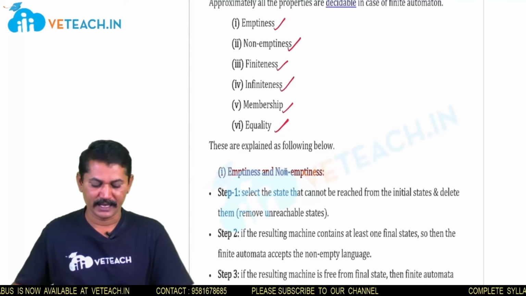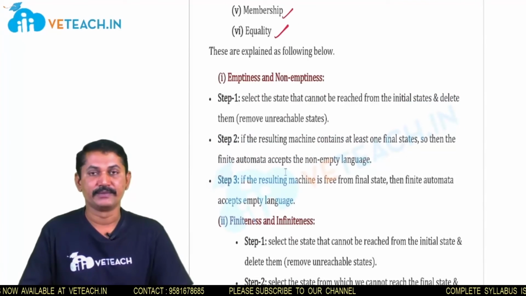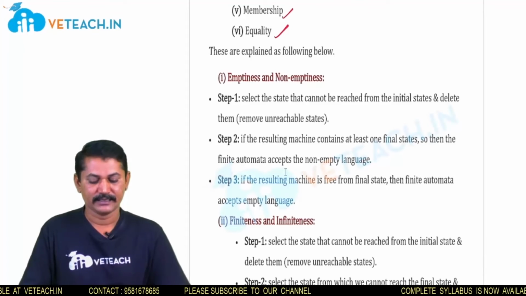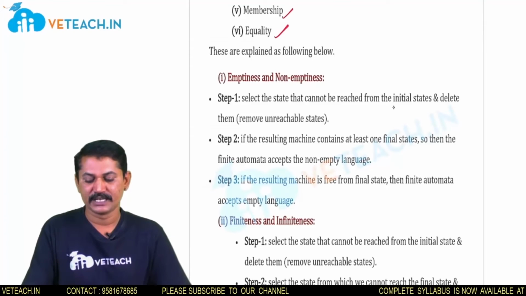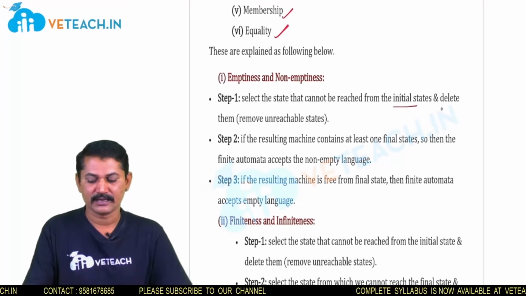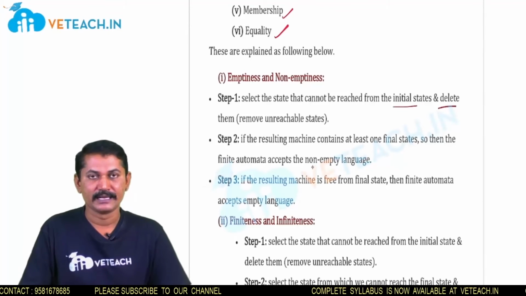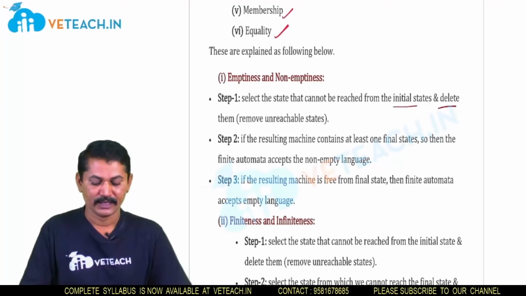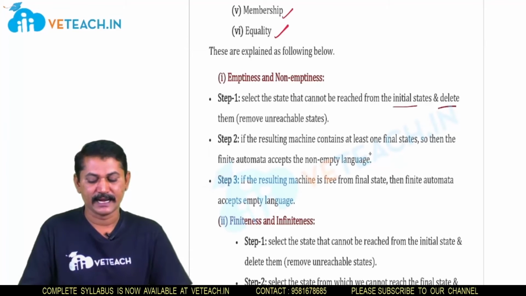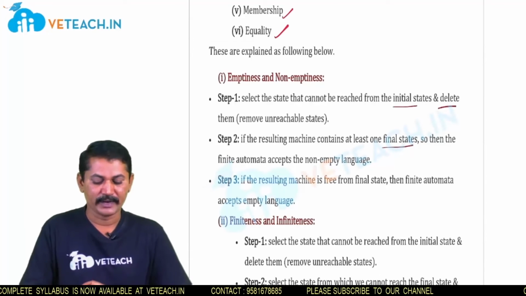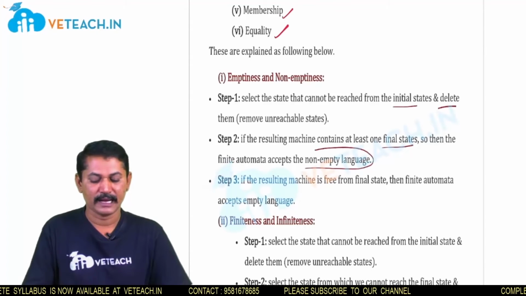The first one is emptiness and non-emptiness. How can we define these? First, select the states that cannot be reached from the initial state and delete them, that is, removal of unreachable states. Second, if the resulting machine contains at least one final state, then the finite automaton accepts a non-empty language.